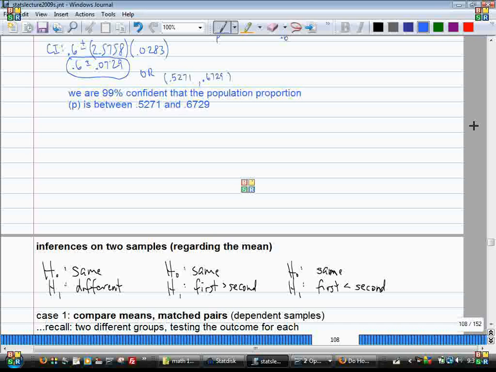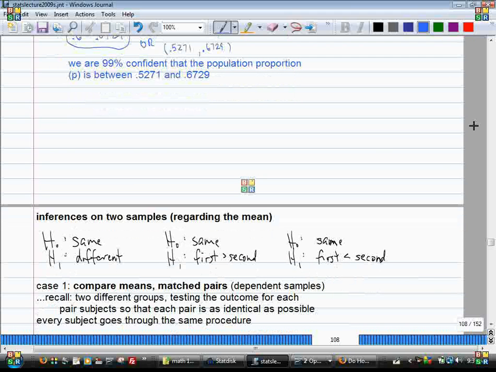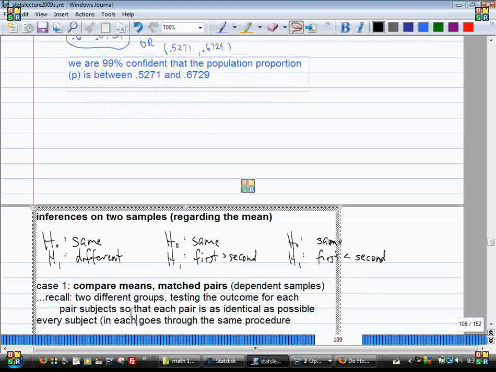Right, exactly, because then you know genetically they're exactly the same. So genetics couldn't possibly have any impact on what the outcome is. Every subject, I should say, in each.